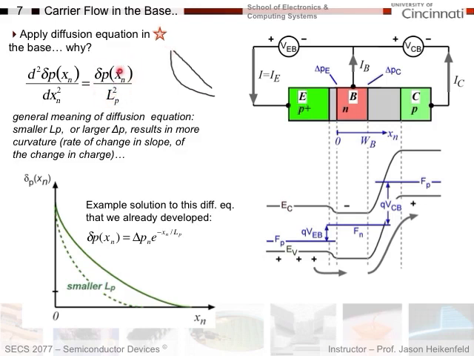And that makes sense, because if my diffusion length is small, holes cannot go as far into the base before they recombine, so the concentration will fall off more quickly. So if I have a smaller LP, they'll recombine more quickly, and my concentration profile will look like this instead. And so this is just showing some general behavior for the base in terms of this general diffusion equation.